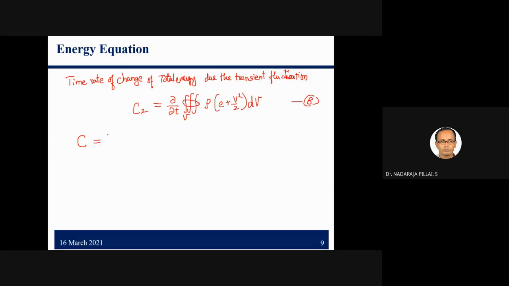So the total C I can write as dou by dou t of the triple integral over V of rho into E plus V square by 2 into dV, plus the double integral over S of rho V ds into E plus V square by 2.